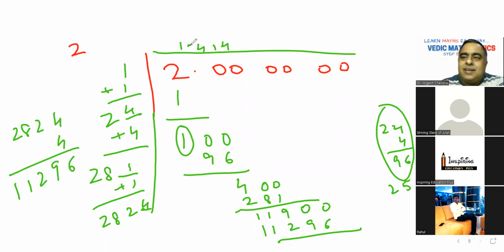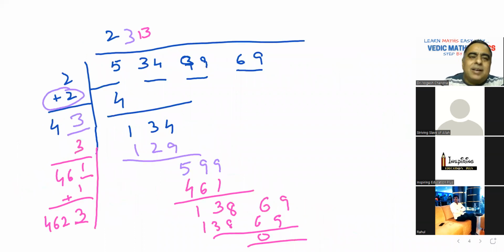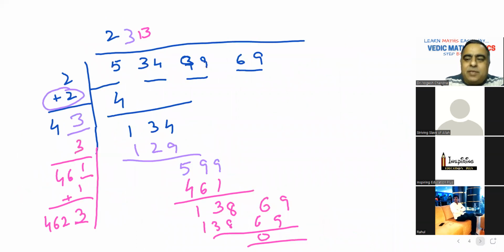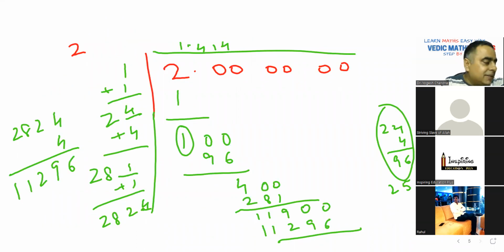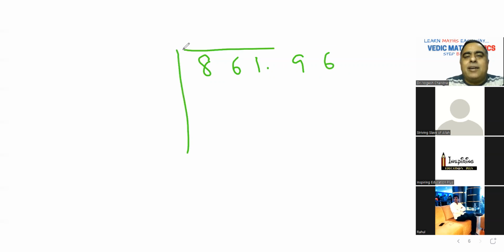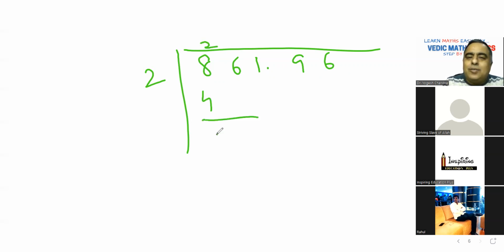Sir, in the previous problem, it was 861.96. Okay, I'll tell you, that time you were not there. 861 point 96, let's say. Now see, first is 2, 4, 2. No problem. 461, no problem. Now we have plus 2, 4.